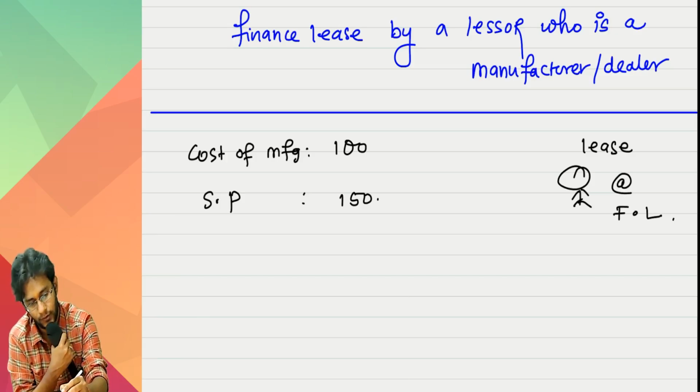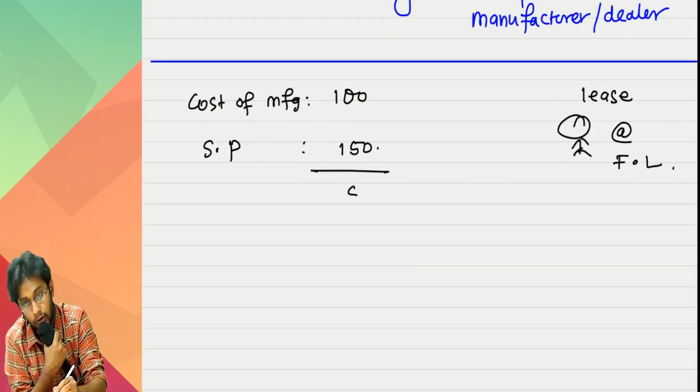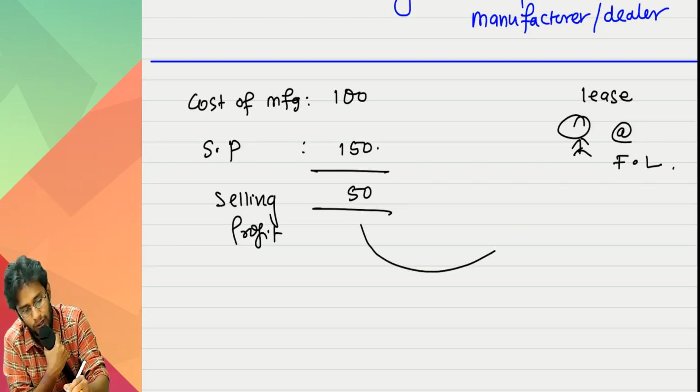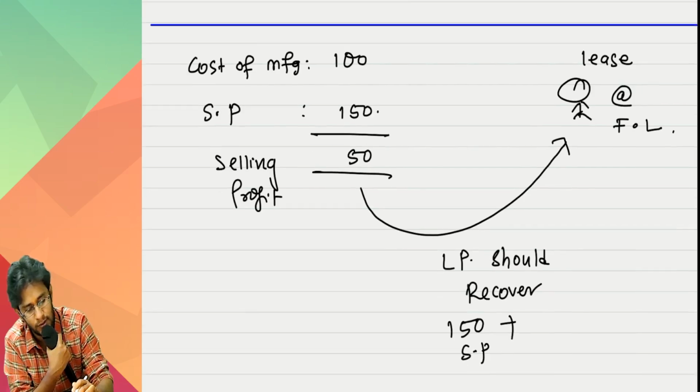Now, in this, this 50 rupees is selling profit. When I lease it to this fellow, lease payments should recover the 150 rupees selling price plus interest income also.